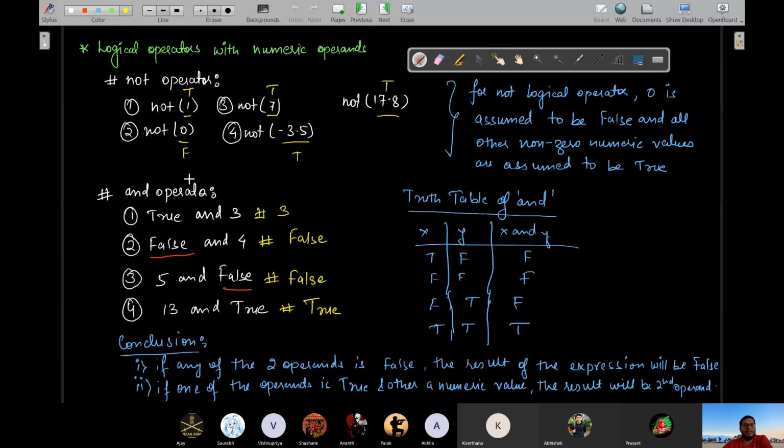Finally, we will see with OR operator. ट्रूथ टेबल बना लेंगे उसका. OR operator का ट्रूथ टेबल.